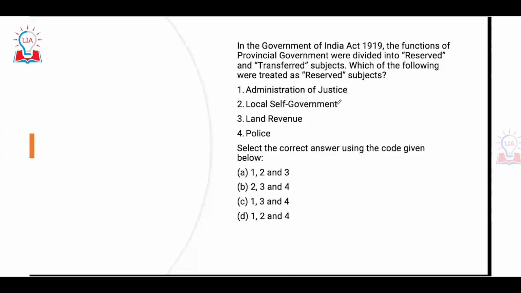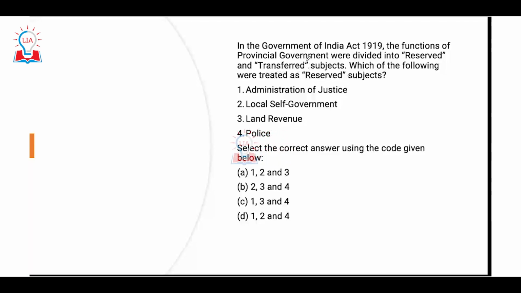Administration of justice, local self-government, land revenue and police. See, when we talk about transferred and the reserved subjects, we all know that what happened in the Montagu Chelmsford Reforms was that diarchy was introduced in the provinces and a bicameral legislature was introduced at the center. So when diarchy was introduced in the provinces, we had transferred subjects and the reserved subjects.